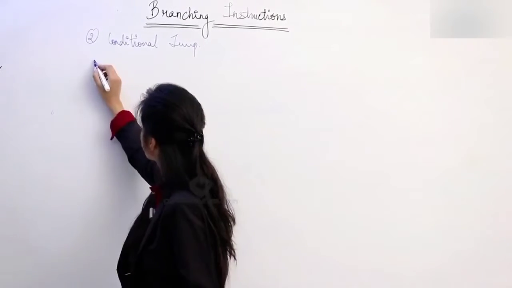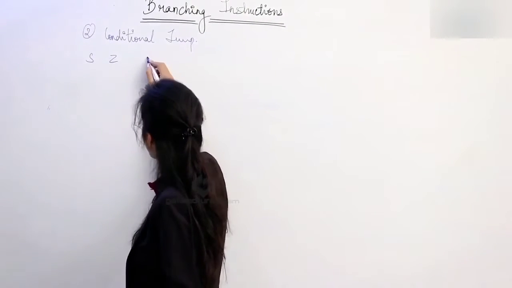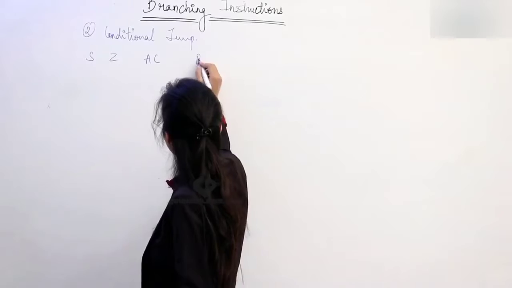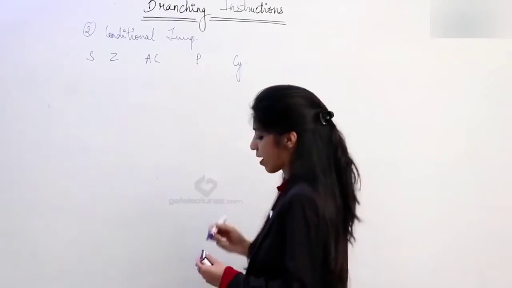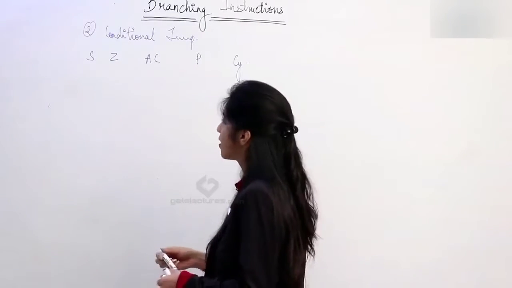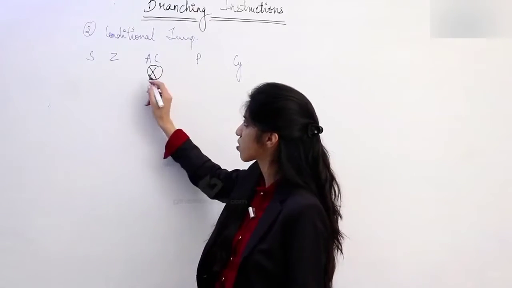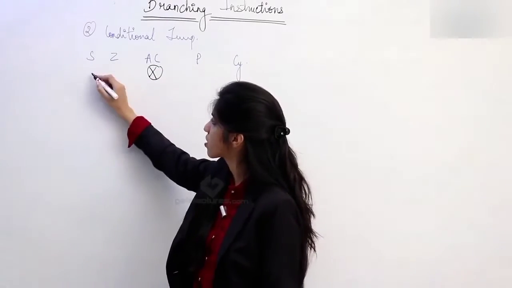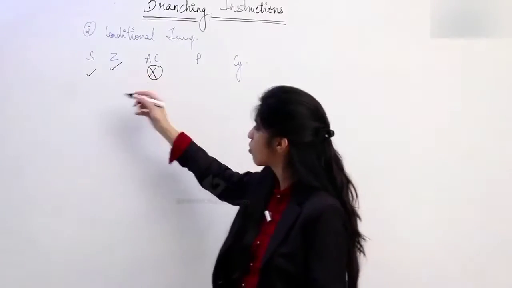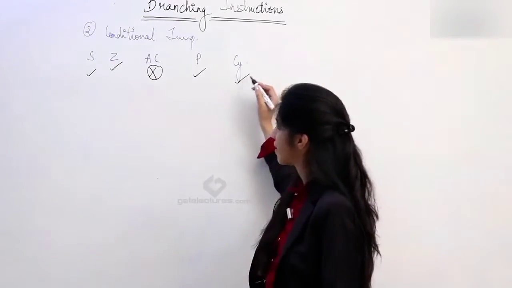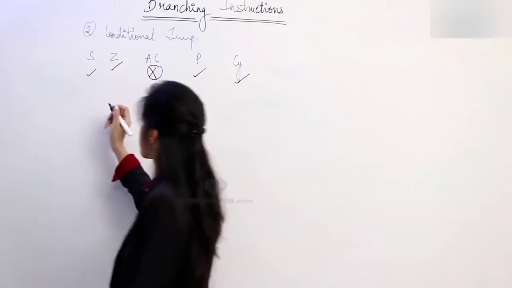We had the sign flag, zero flag, auxiliary carry flag, parity flag and carry flag. We do not have any jump instruction for the auxiliary carry flag, but we have jump instructions based on sign, zero, parity and carry.